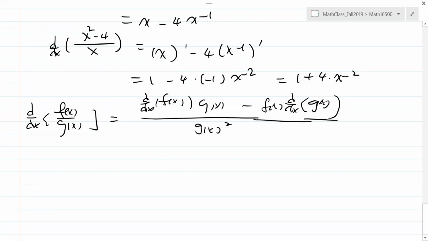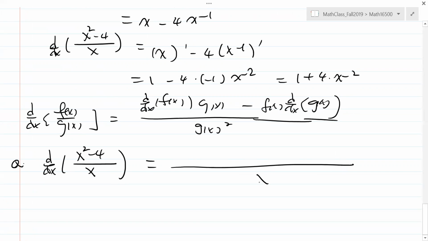And now, let's still do the same problem using the formula. This is a quotient of two functions. According to the formula, it will be the denominator squared, then the derivative of the numerator times the denominator minus the copy of the numerator times the derivative of the denominator.